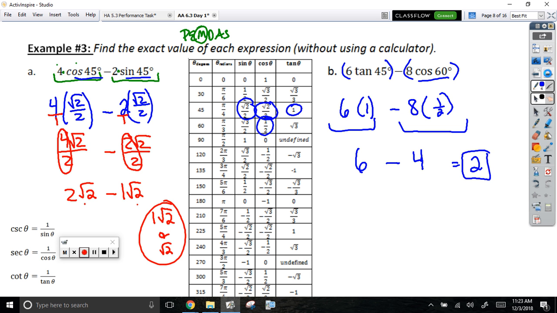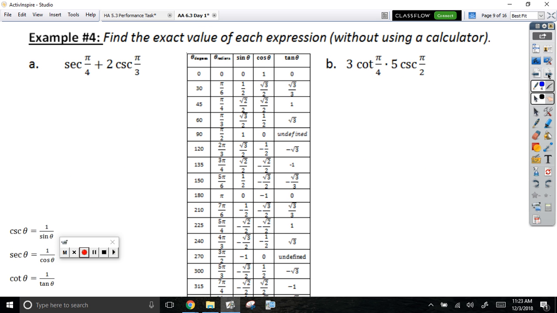All right, the last few, same concepts, just a little bit different with some reciprocal identities. So remember, secant is the reciprocal of the cosine. So the cosine of pi fourths is square root of 2 over 2. So we're going to take the reciprocal of that, which would be 2 over the square root of 2.